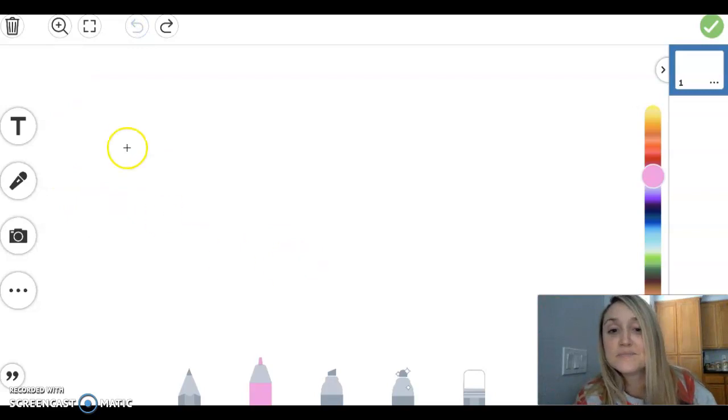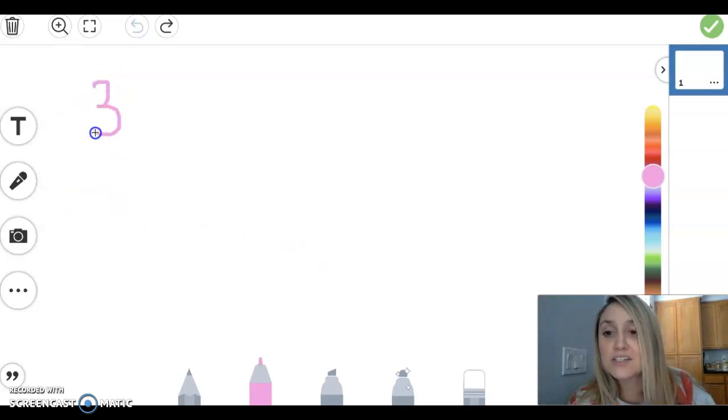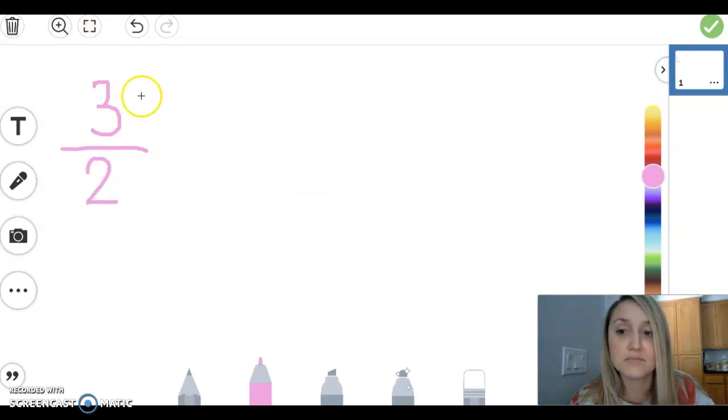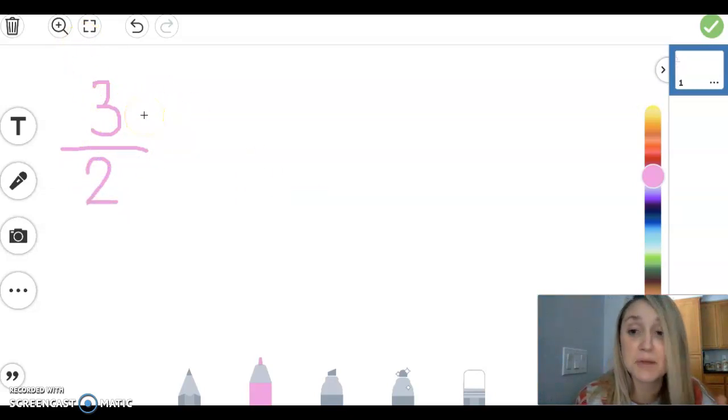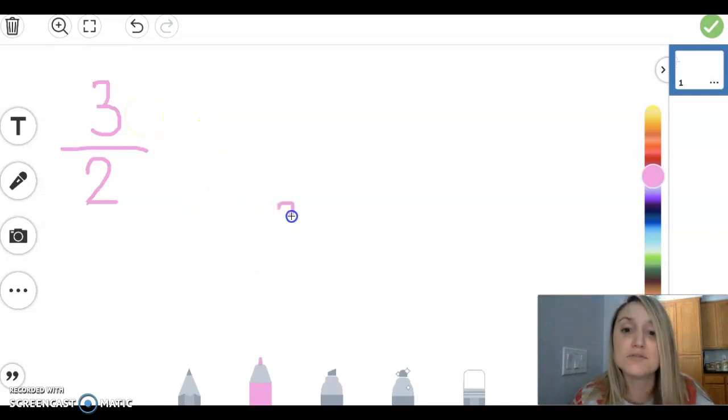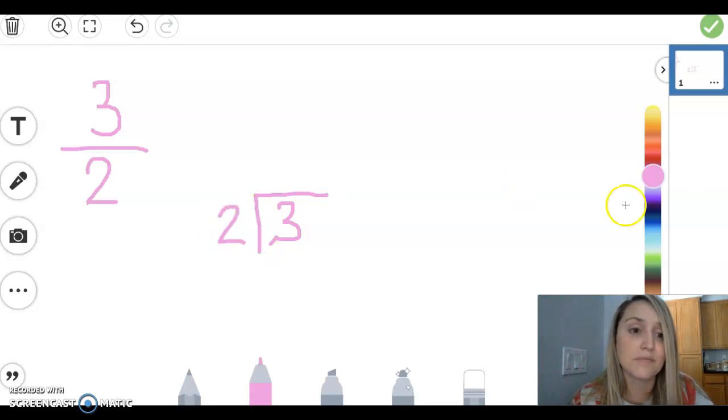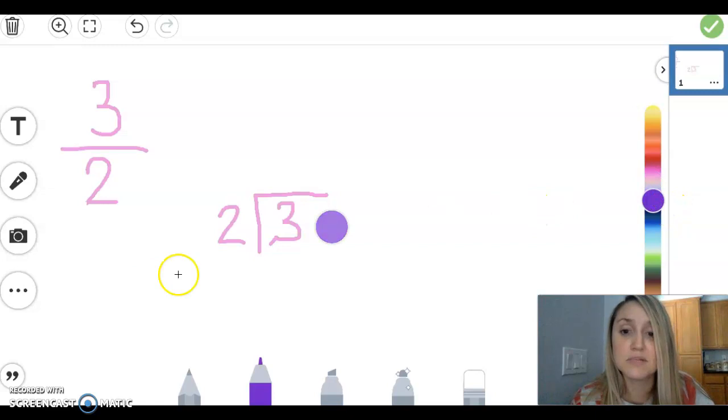So, when you have an improper fraction, that means that the numerator is greater than the denominator. So it's larger, so it's improper. To make this into a mixed number, do your 3 divided by 2. I'll color code this. 2 goes into 3 once, so that would be your whole number. 2 times 1 is 2.